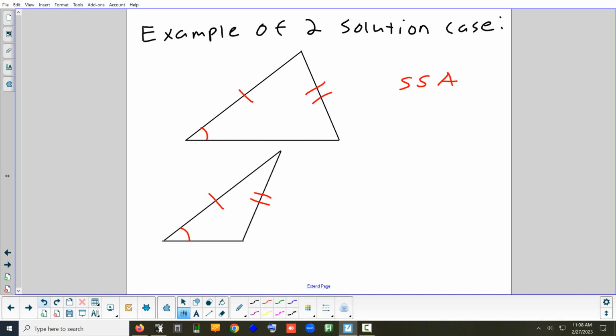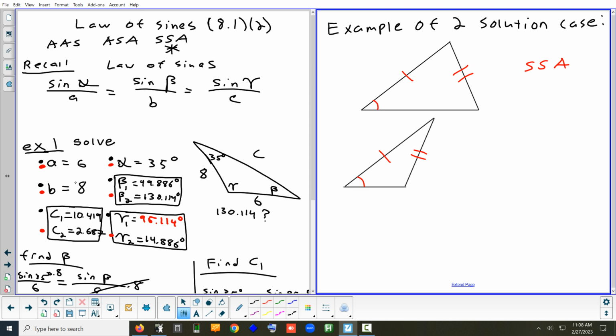So I just drew 2 different triangles that have exactly 2 sides the same length and 1 angle the same measure. The angle is not between the sides. That's an example of the type of problem we just solved. All the information with tick marks is what was given, like my A, B, and alpha.